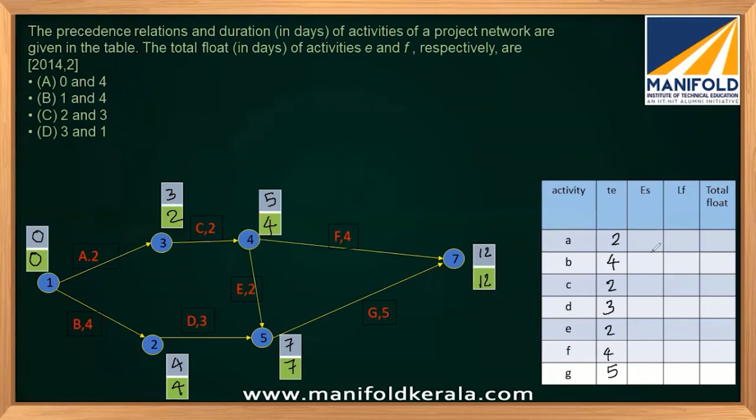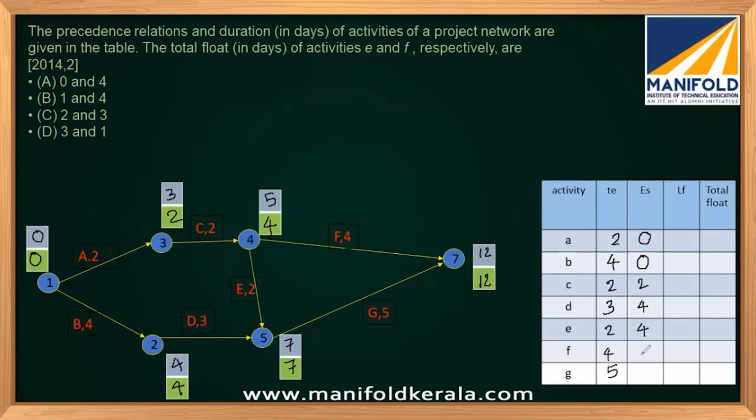Now the earliest start time for the first activity. For A, it will be 0, since 1 is a starting node for us. Similarly for B, 1 is a starting node, that is 0. For C, 3 is the starting node, so the value will be 2. For D, the starting node will be 2, and 4 is the value. For E, the starting node will be 4, and 4 is the earliest start time.